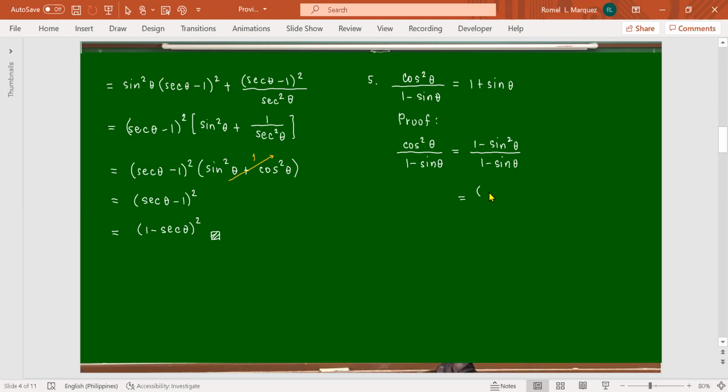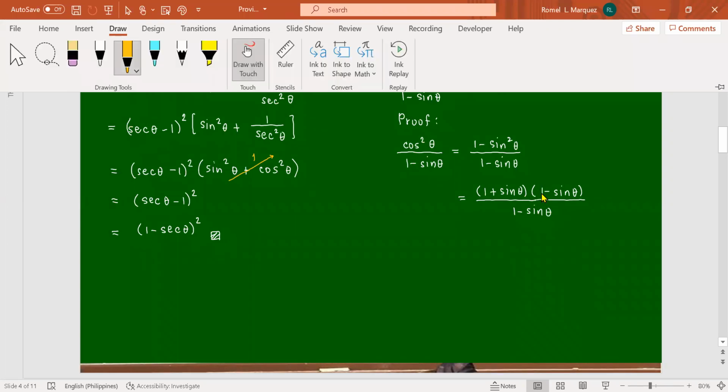So I can factor that in terms of a plus b, a minus b. So I have 1 plus sine theta times 1 minus sine theta all over 1 minus sine theta. Okay?